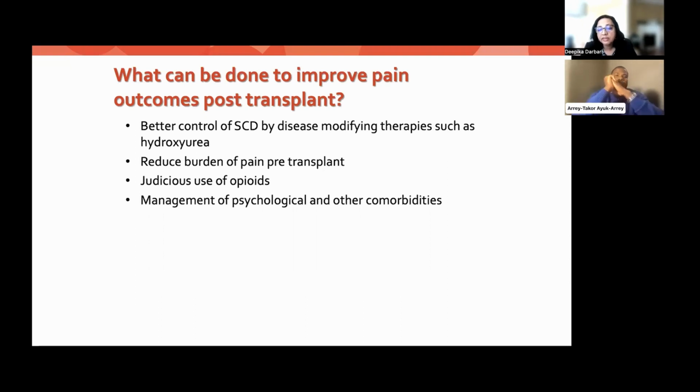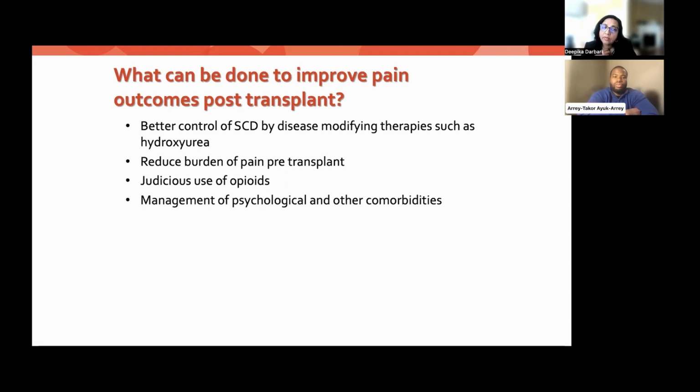When the sickle cell disease is in control, hopefully the neuroplastic changes I showed you can be prevented from happening. So the goal would be to reduce pain burden prior to transplant by multiple things. It could be drugs, physical therapy, psychology, counseling, and things like that.